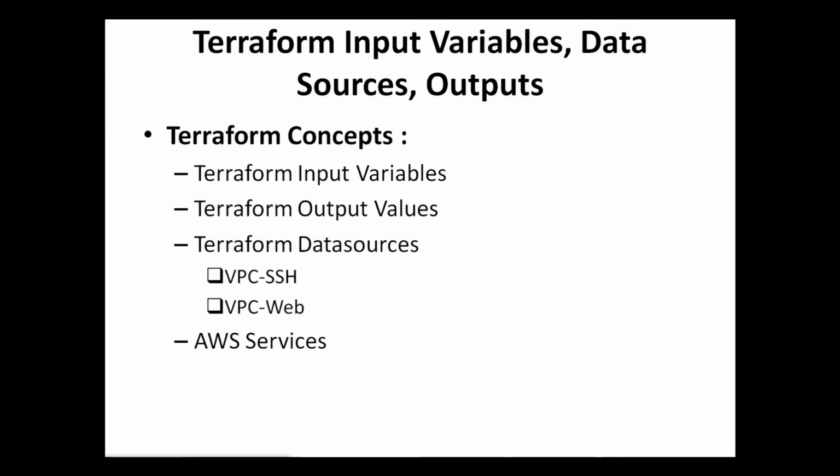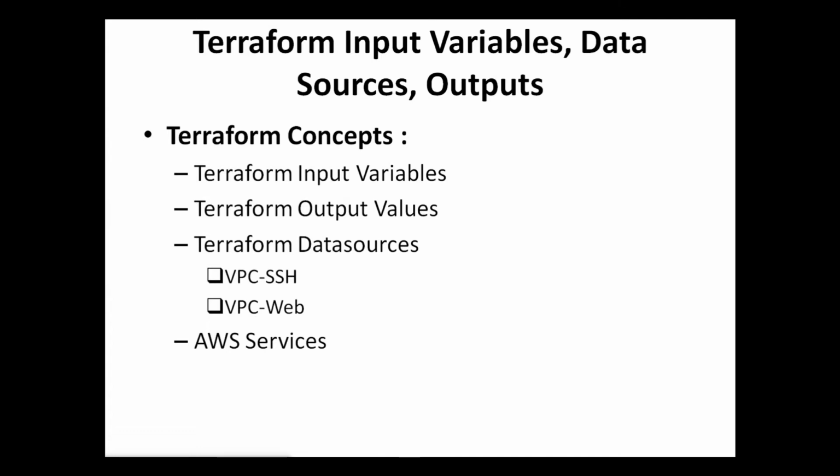So using SSH, you will be able to log into the terminal of the EC2 instance, and using the VPC web security group, you will be able to access the web server. You also need to understand why we are creating two security groups. Both rules can be put in a single security group, right? We are doing this to demonstrate the list item, how we are going to pass into the EC2 instance two security groups.